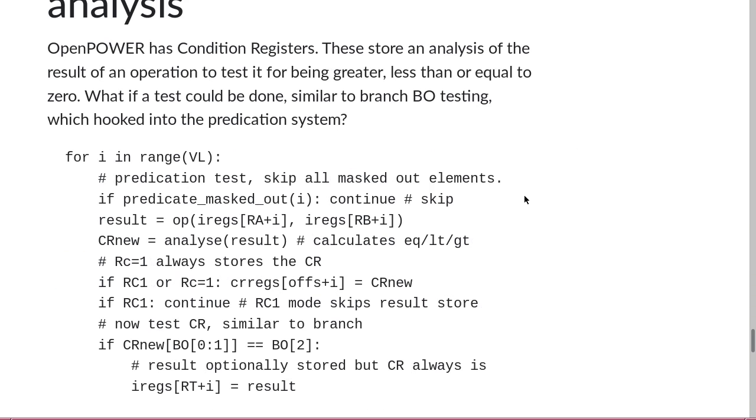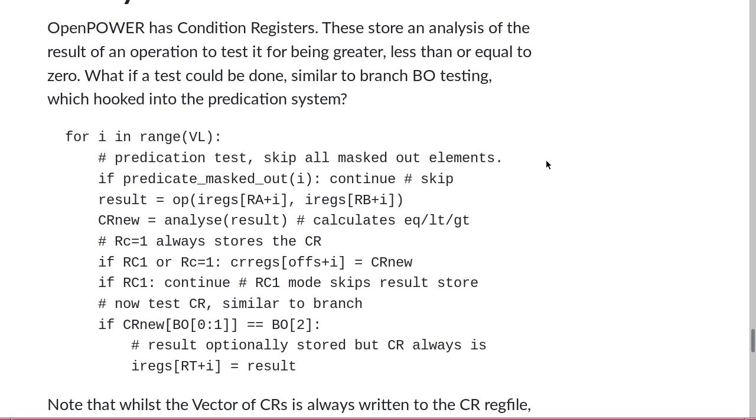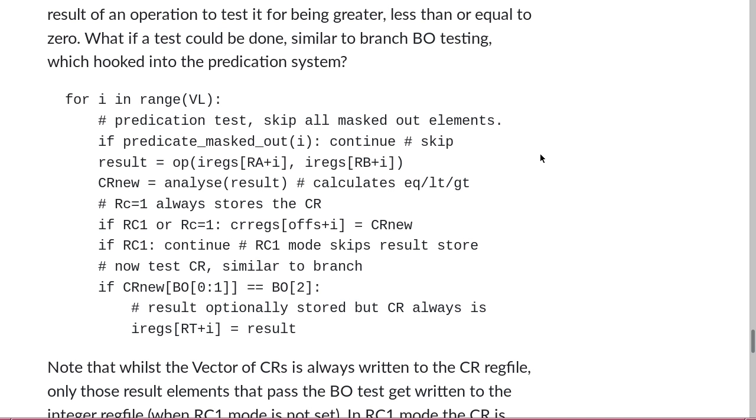We also added in this predicate result system, which you hook into the predication system to analyze the result afterwards. If that post-analysis test was true, the result is stored.